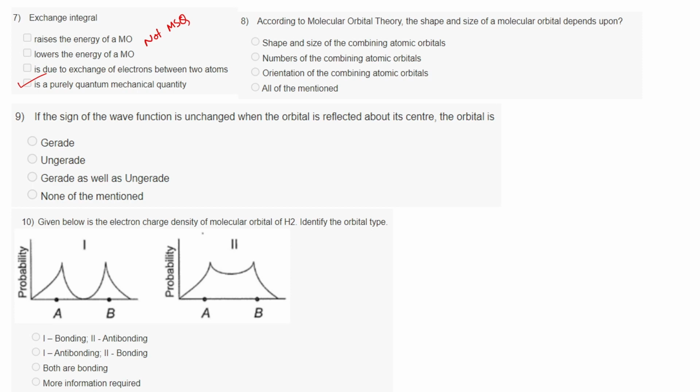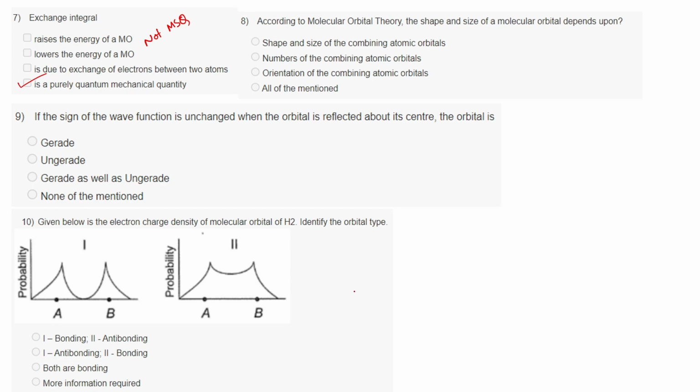According to the molecular orbital theory, the shape and size of a molecular orbital depends upon... obviously this is an LCAO model for molecular orbital theory. I told you that we have to take energetically similar orbitals and there should be symmetrical matching between the orbitals.